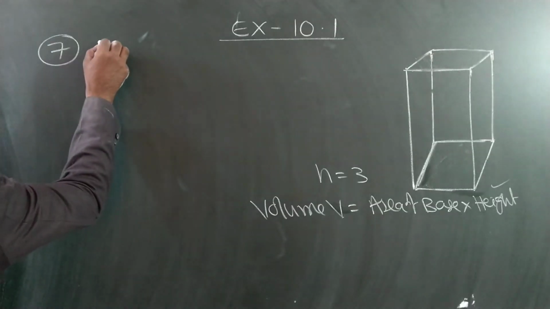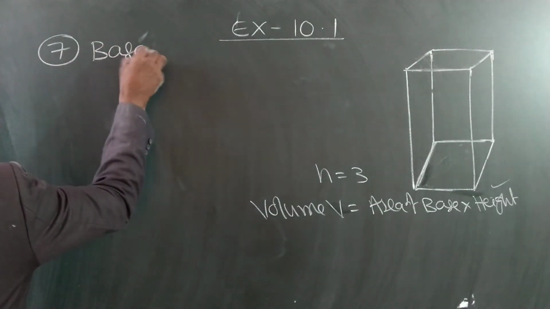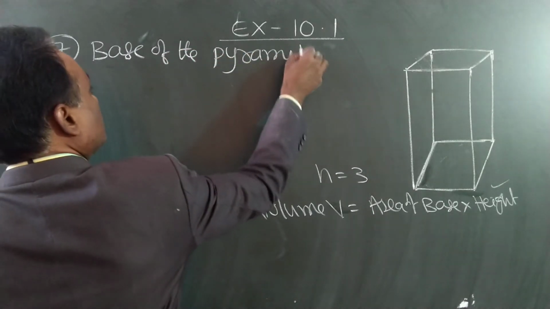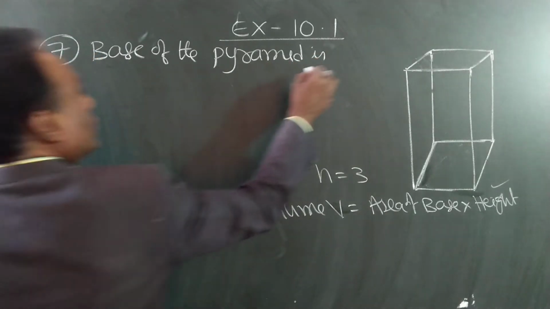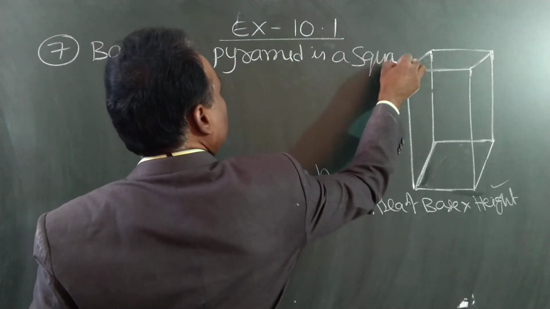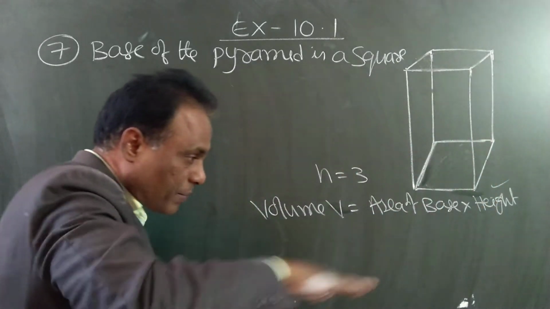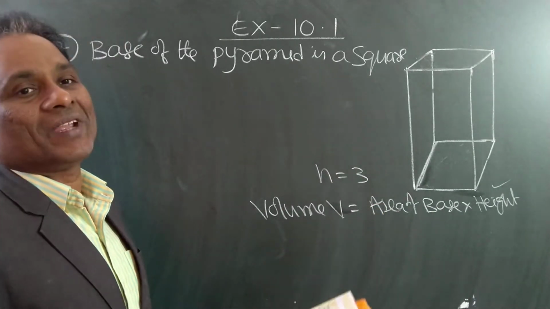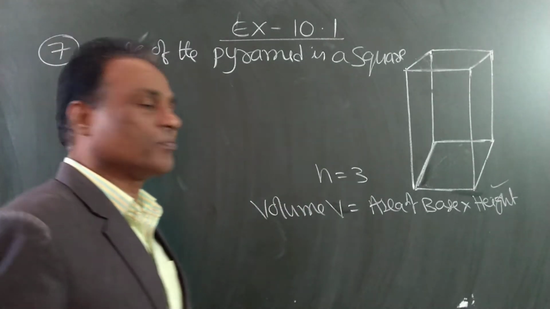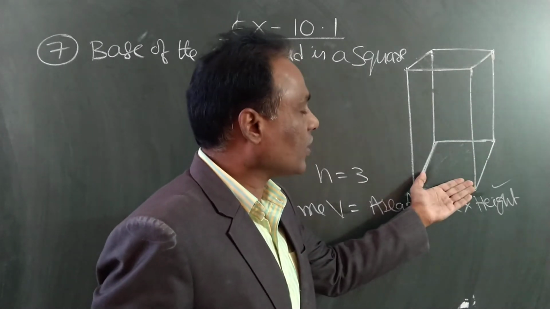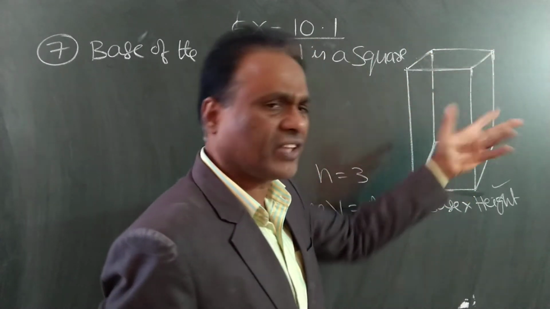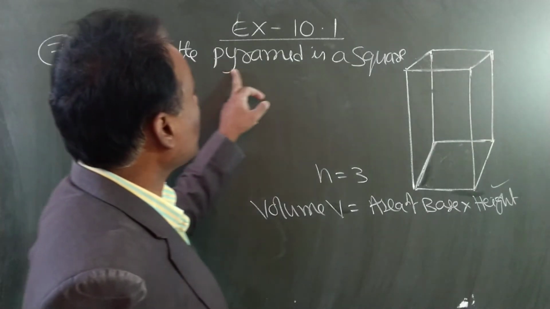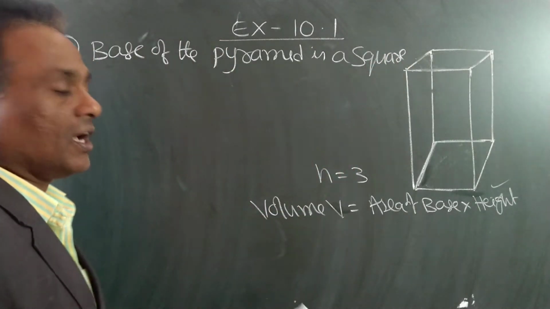The base of the pyramid is a square. Why? Because it is a regular square pyramid, the name itself is square pyramid. The base is a square, the top will be a square, and all four sides. So the base of the pyramid is a square.